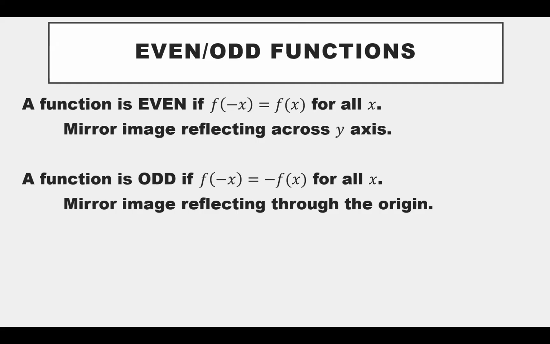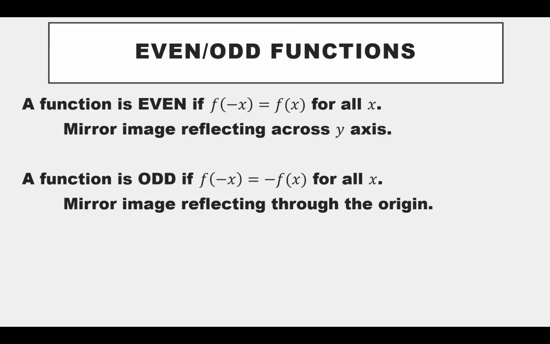Now that we can look at transformations of functions and figure those out, one other thing we're going to look at in this section is the concept of even functions and odd functions.